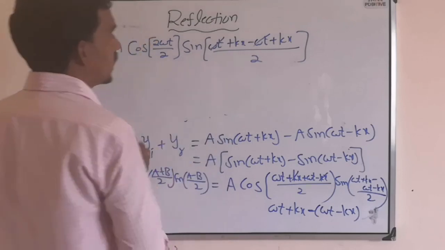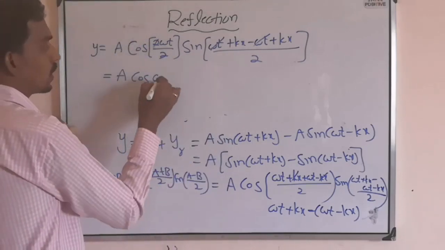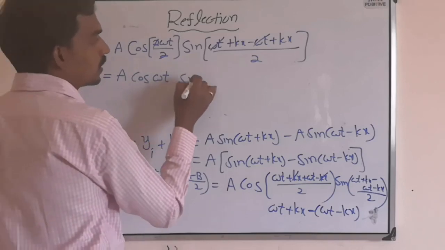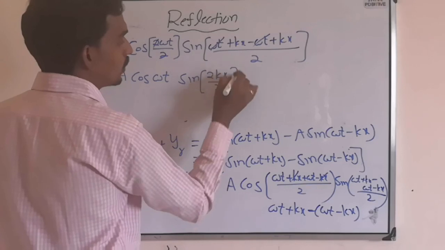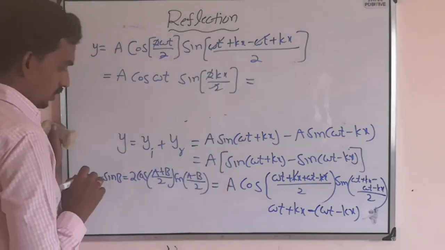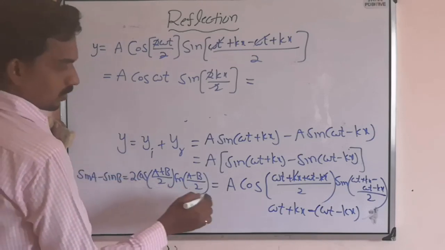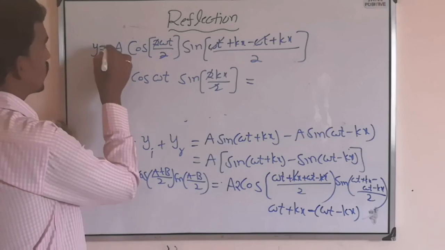So omega t cancels, and 2kx by 2 gives kx. The 2 from the formula is also there, so here will come 2A. So it equals 2A cos omega t sin kx.